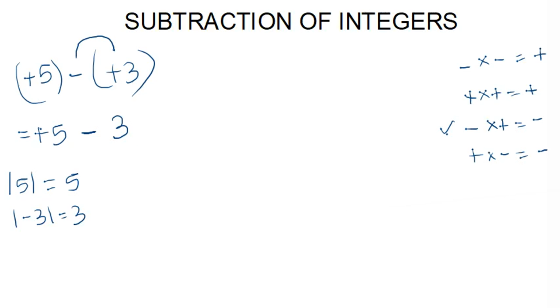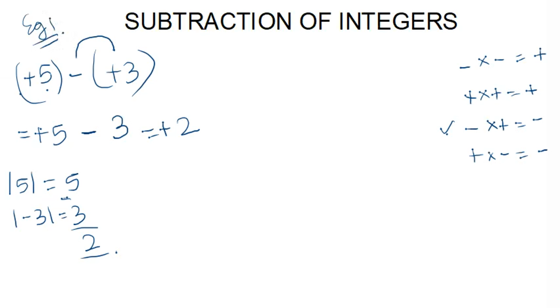And then we will have to subtract them. So 5 minus 3 is 2. So this will be equal to 2, and we'll put the sign of the greatest number. So plus 5, what is the sign? Plus, so plus 2.